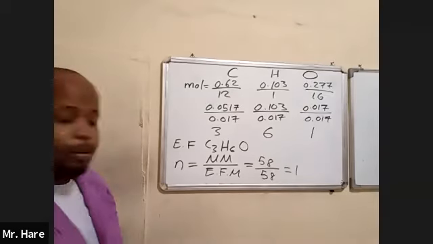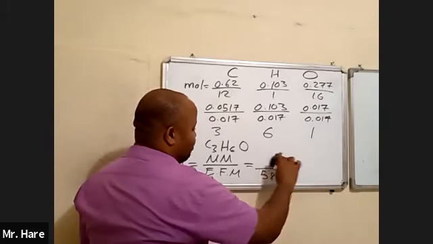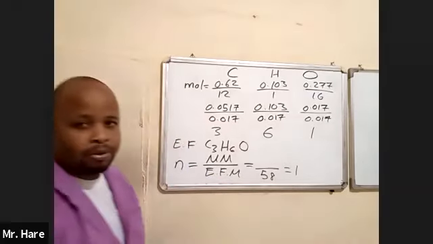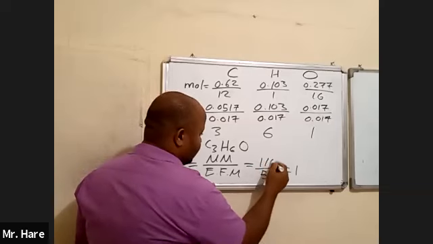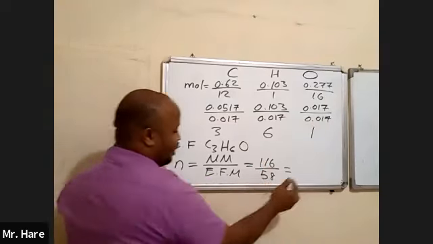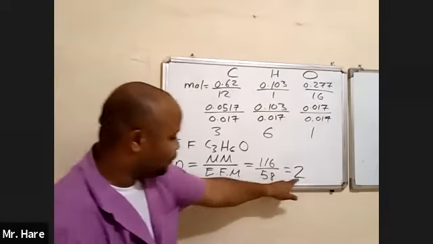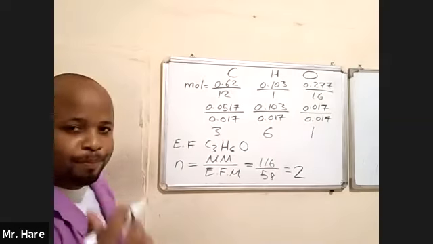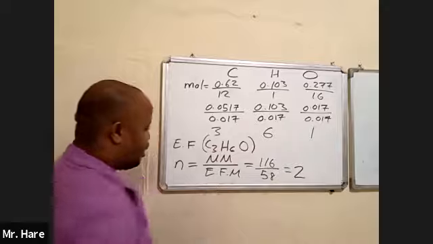But for explanation purposes, we're going to change the molar mass of the compound to 116. So 116 divided by 58, N is 2. Where did the 116 come from?